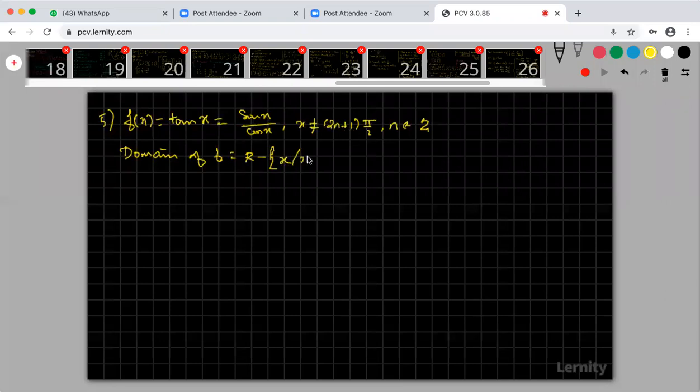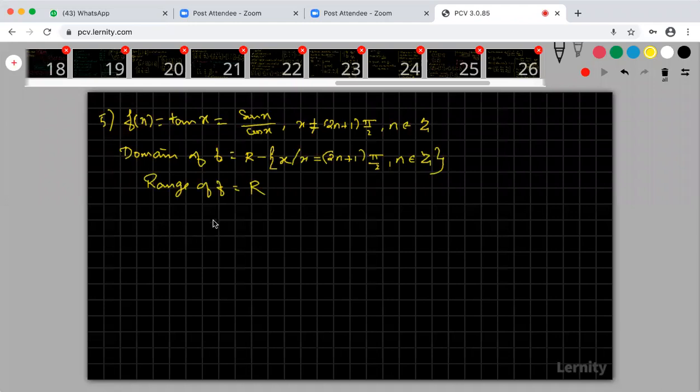Therefore, the domain is the set of all x not equal to (2n plus 1) pi by 2, where n belongs to Z. This is your domain. Okay, what is the range? The range of the function f is all real numbers, the set of all R.